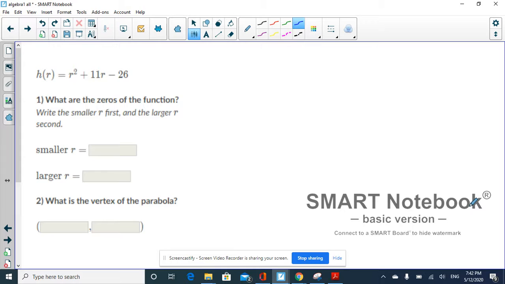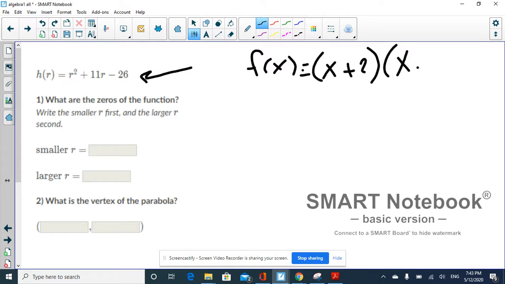If you remember, we have three forms for the quadratic function. We have a standard form, factored form, and vertex form. This one is a standard form. The factored form looks like this. It's factored like you have x plus 2 multiplied by x minus 3.